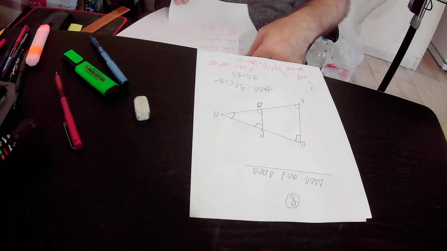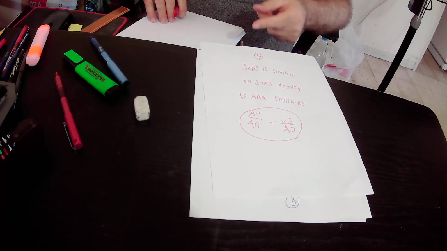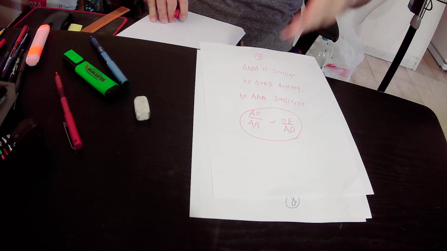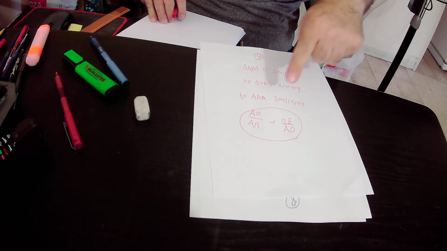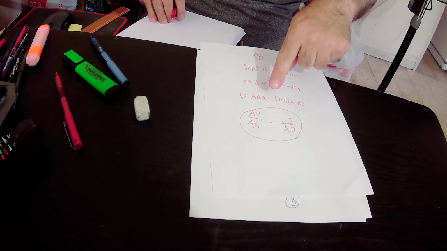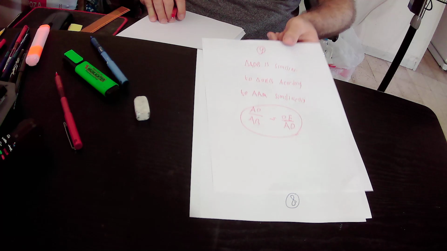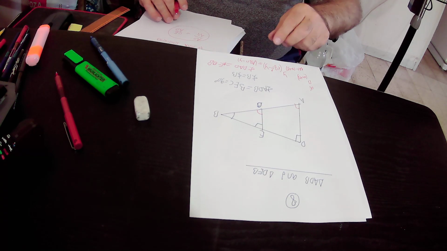Okay, because those two triangles, triangle ABD and triangle OEB, are similar to each other, the following equality is true between the sides of those two similar triangles: AO over AB equals OE over AD.